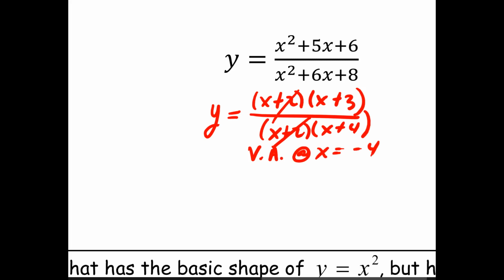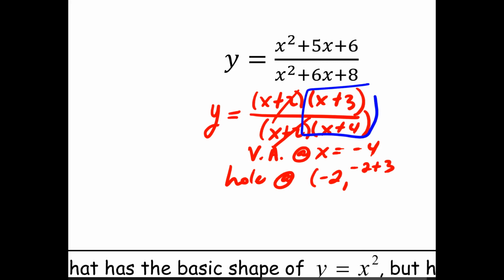Love it. And what did you say the hole was at? -2. And then what would the y value be? Well, if you plug it into the original, it might look like 0. But remember, we got to plug it into what's been left over, the reduced. So it would be -2 plus 3 over -2 plus 4. I don't know, what does that simplify to? 1/2. Perfect. All right, good.